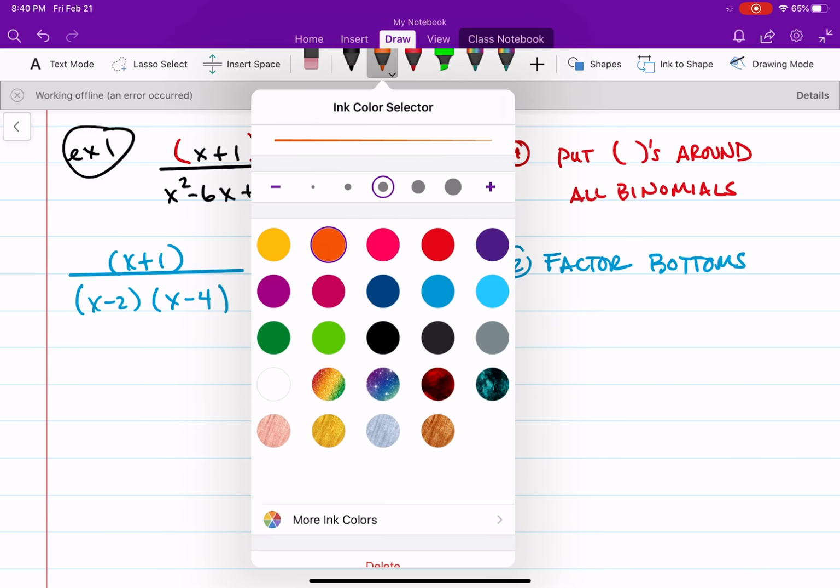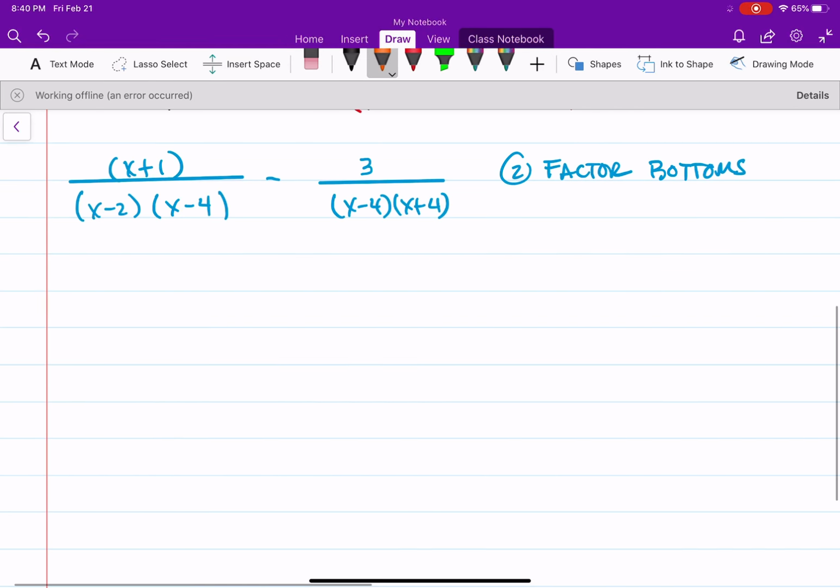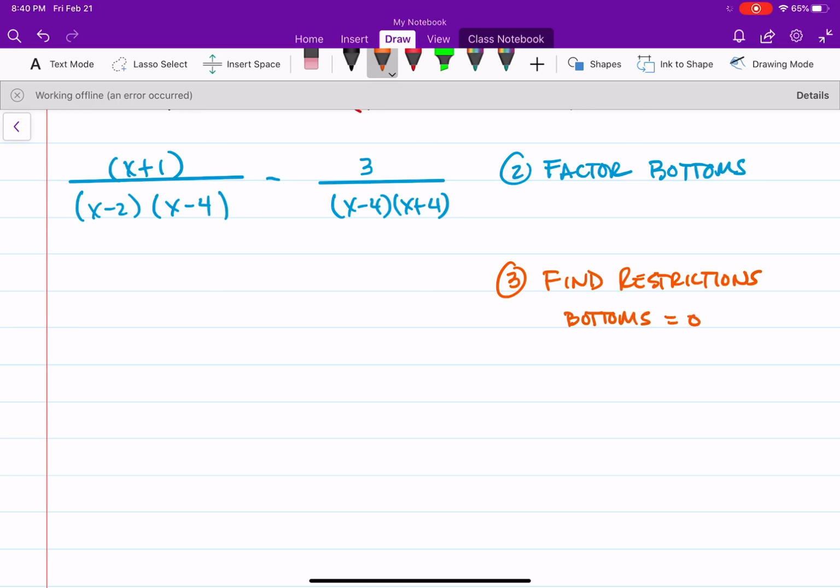All right. What's step 3? Step 3 is going to be to find restrictions. To find restrictions, we're going to set the bottom, in this case bottoms, equal to 0. So I'm going to have x minus 2 equals 0, x minus 4 equals 0, x minus 4 equals 0, and x plus 4 equals 0.